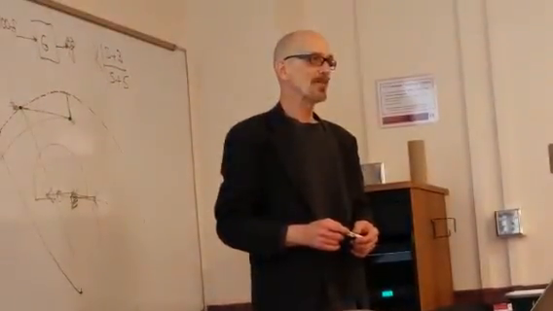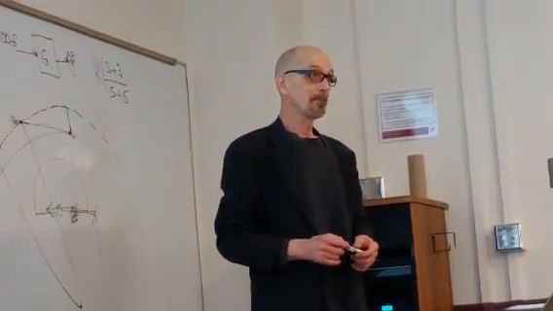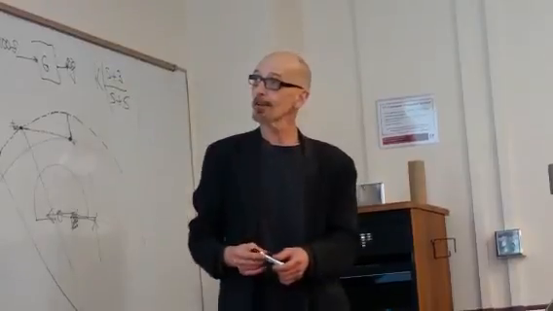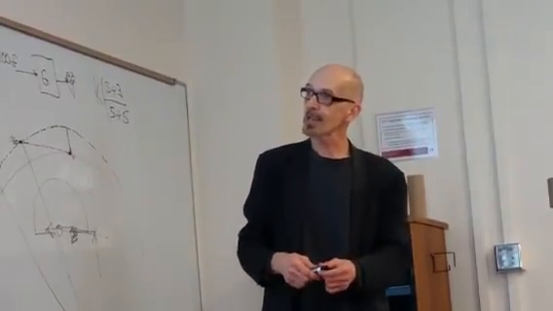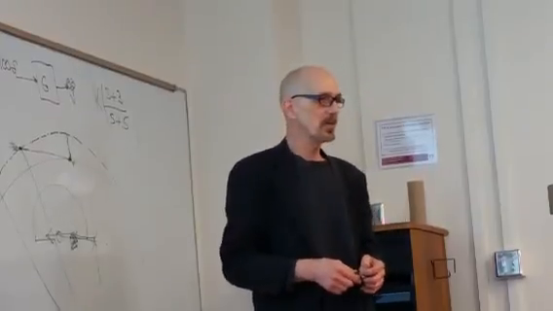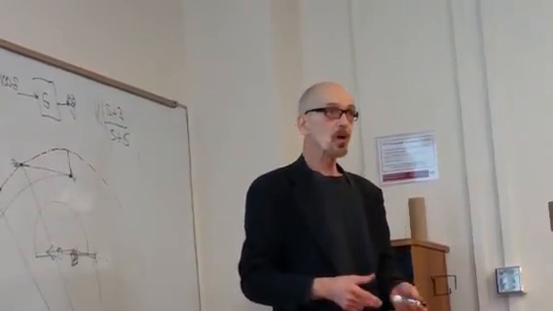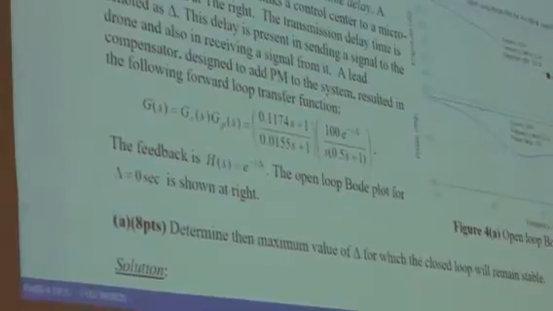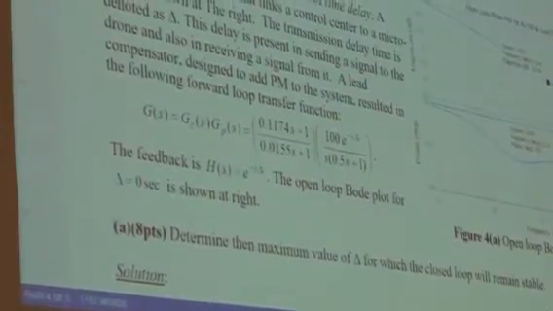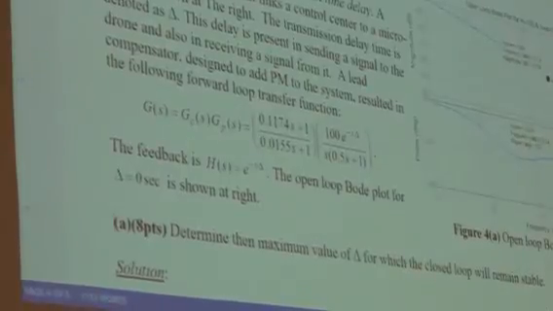I can say no more. This is for delta equals 0. What happens to e to the minus s delta when delta is 0? It's gone. E to the 0 is 1. What happens to e to the minus s delta when delta is not 0? Well, it's there. But we're not in the s domain, we're in the frequency domain.